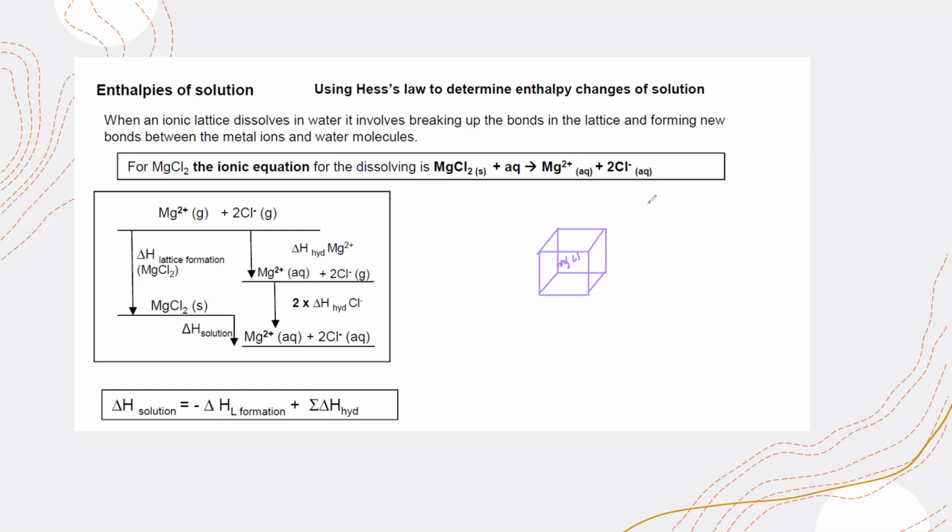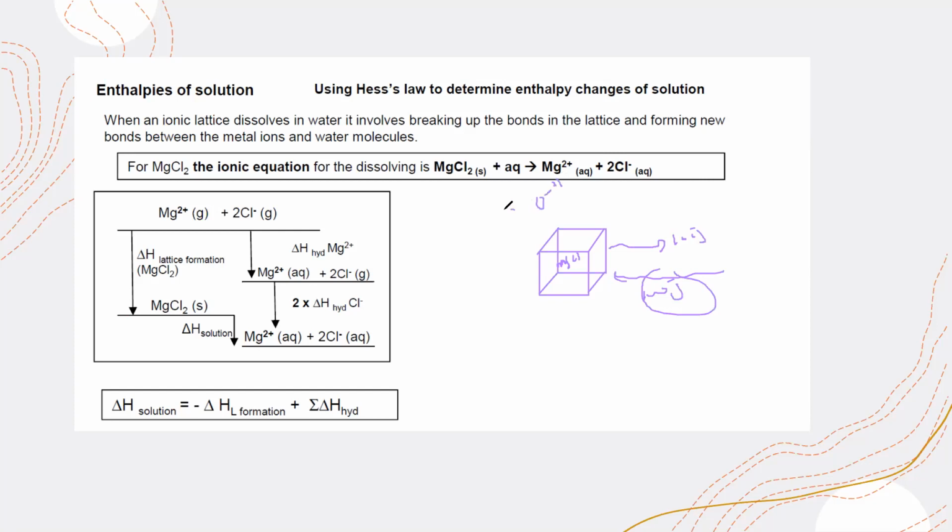But what happens if the lattice energy is 100 joules per mole? The energy required to break the lattice will be the same as well. For example, if 100 joules is released when this lattice is formed, then to break the lattice I need 100 joules as well. And where will this 100 joules come from? It will come from hydration energy.